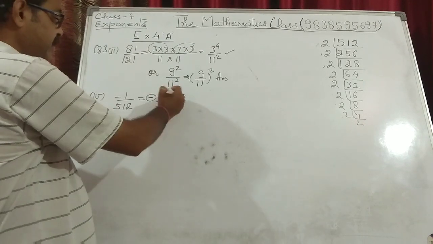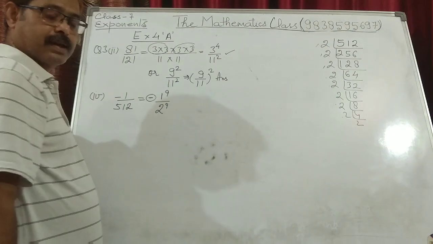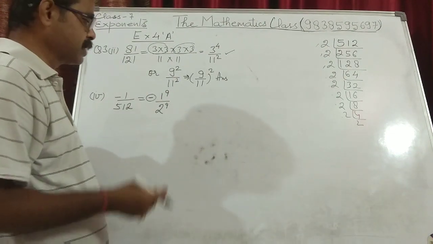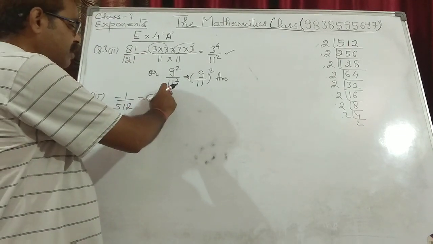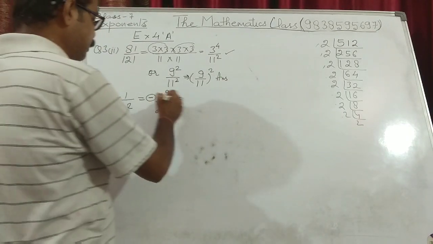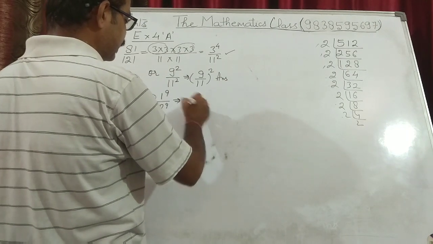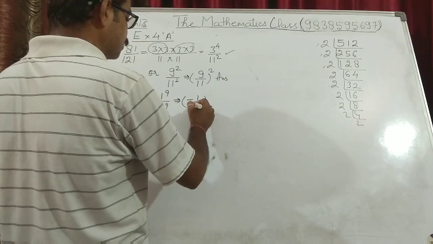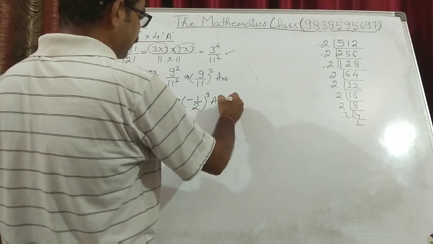It means we can also say minus 1 to the power 9, because minus 1 when multiplied by itself 9 times will give 1 but negative. Why negative? Because 9 is an odd number. So this can be written as minus 1 upon 2 whole power 9. That is the final value.